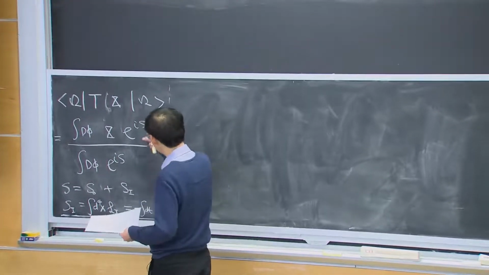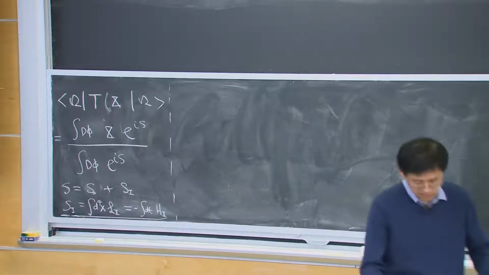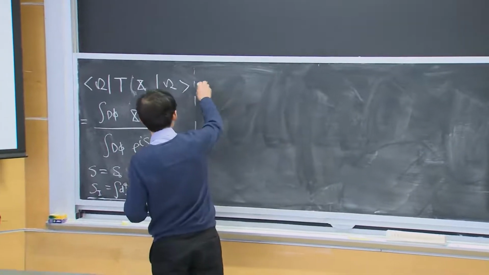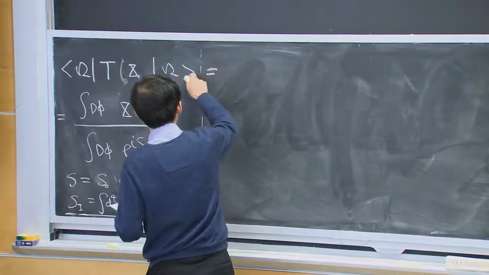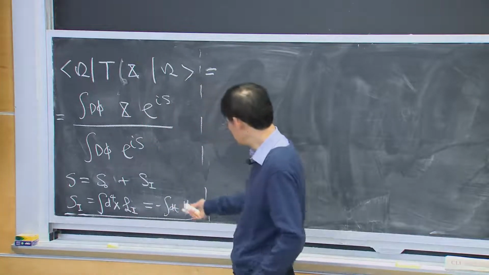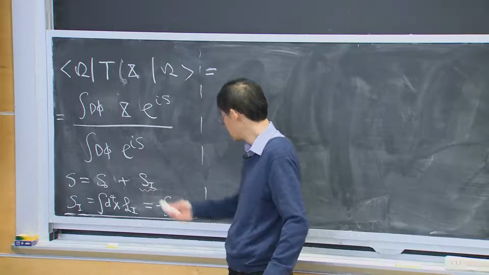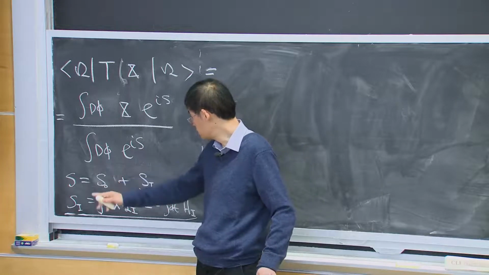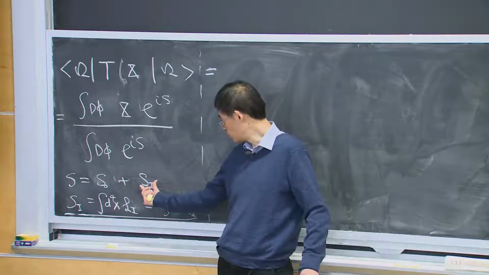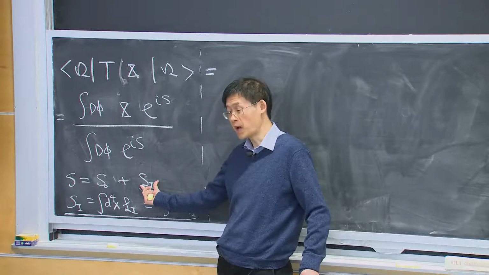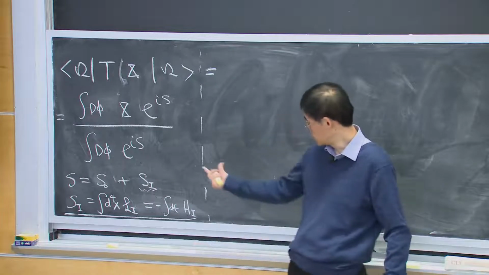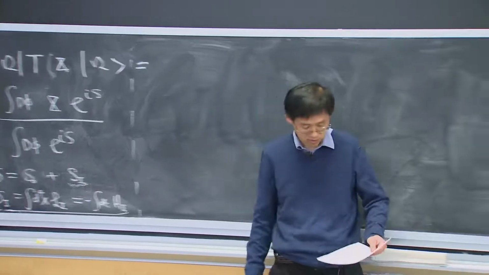So now we can just apply this to this case. Our goal is that we assume S_I is small compared to S_0, because we cannot solve this theory exactly. What we are going to do is treat S_I as small and expand in the coefficient in S_I. An example of S_I is this lambda phi^4, which we wrote down before.